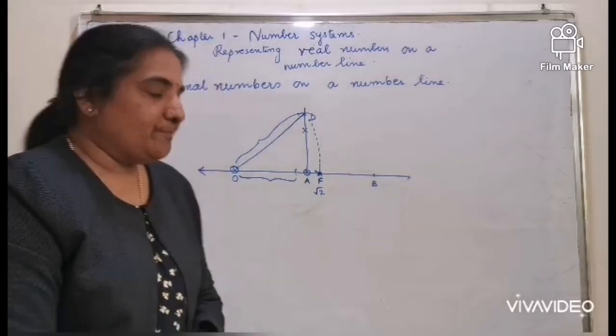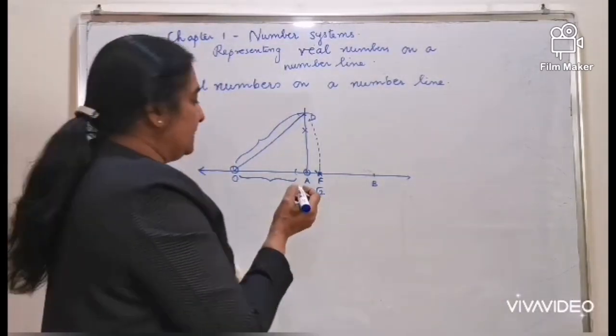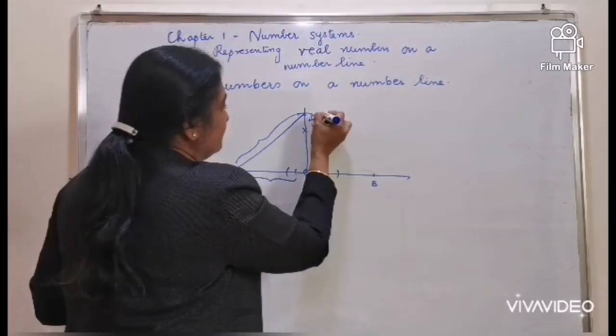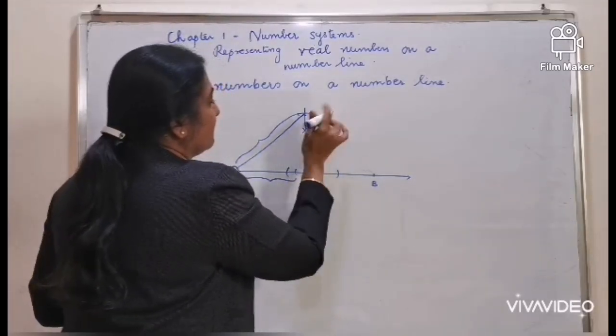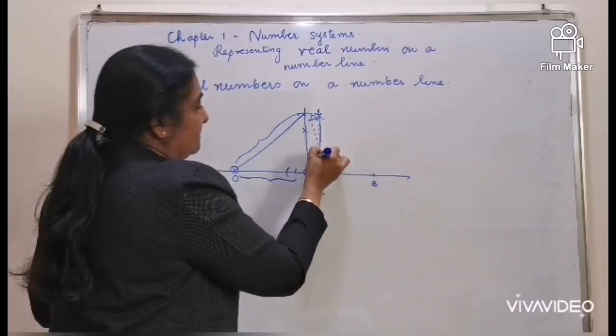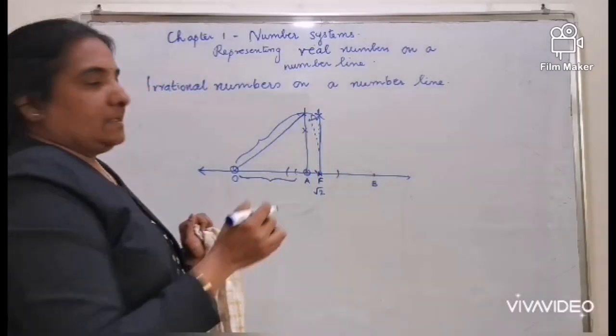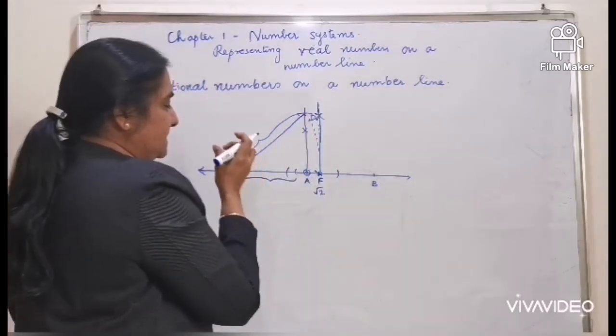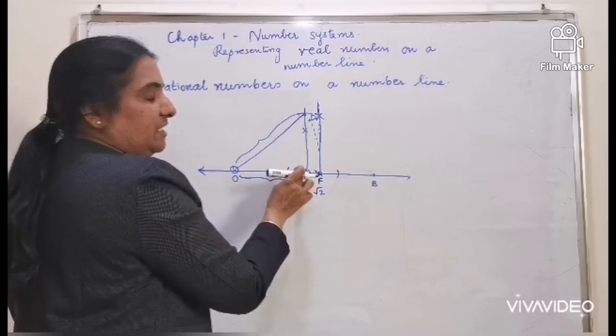At F, construct a perpendicular of the same length as you have taken here.